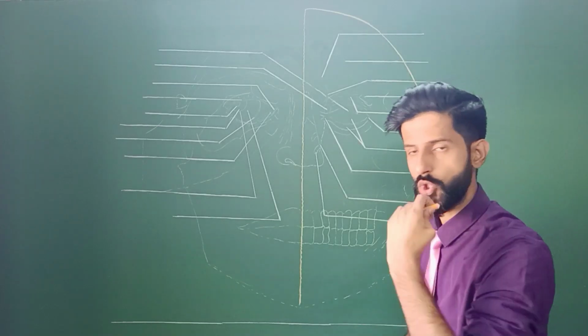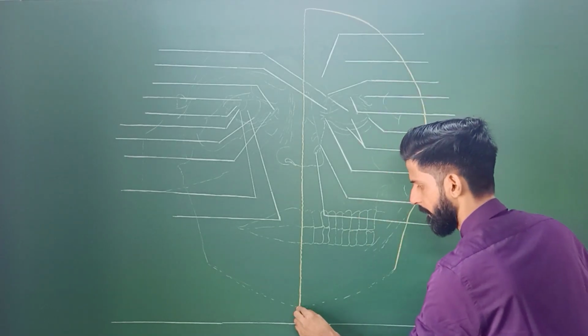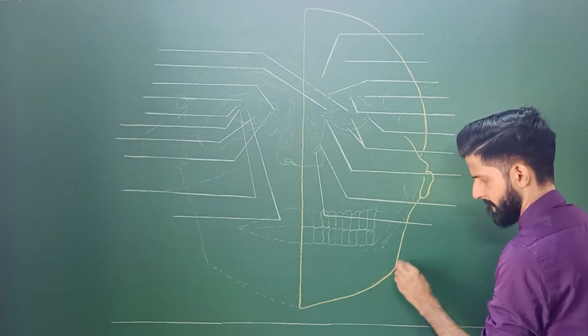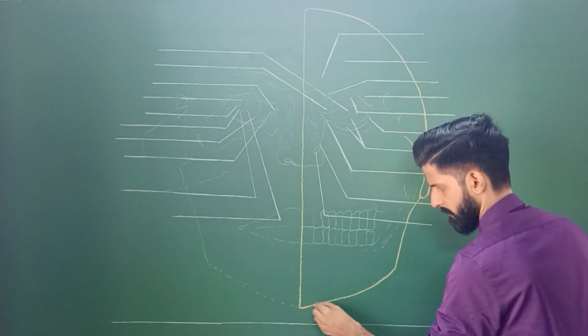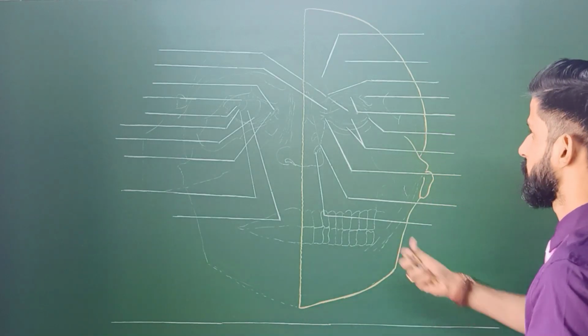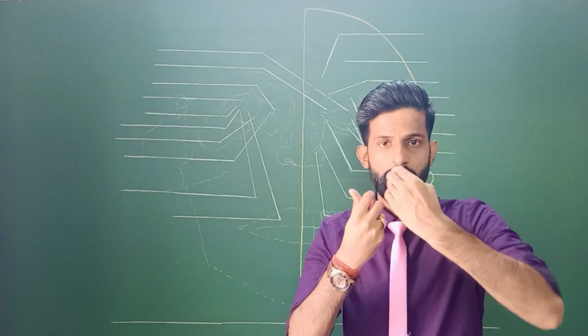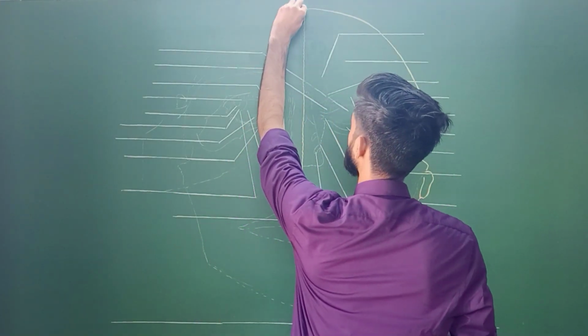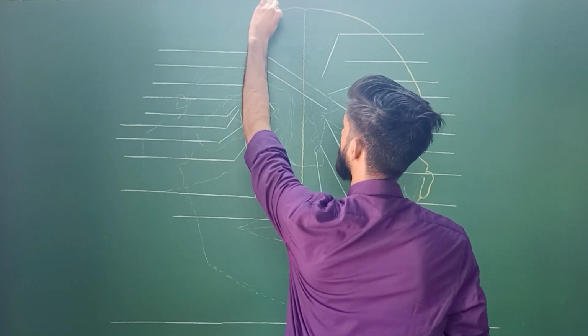Now we need to draw the jaw half. So this is the first half. Now, similarly we need to draw the second half of it. The second half will be external appearance.